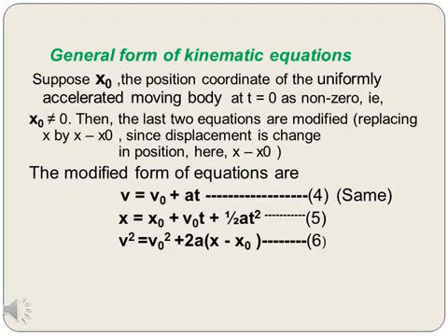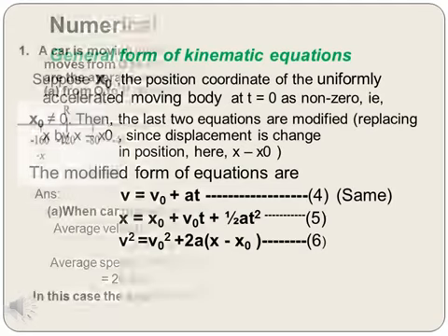The modified forms of the equations are: v is equal to v0 plus at, which is equation 4; x is equal to x0 plus v0t plus half at square, which is equation 5; and v square is equal to v0 square plus 2a(x minus x0), which is equation 6.